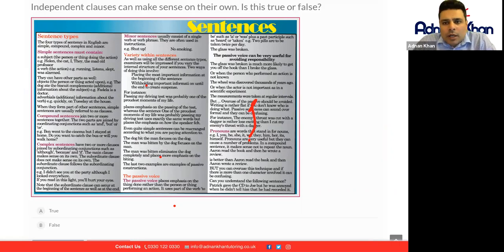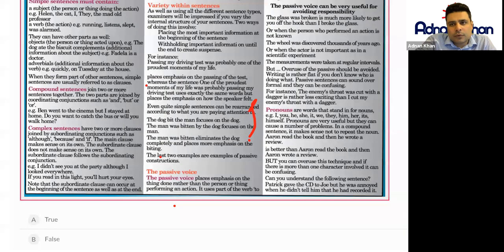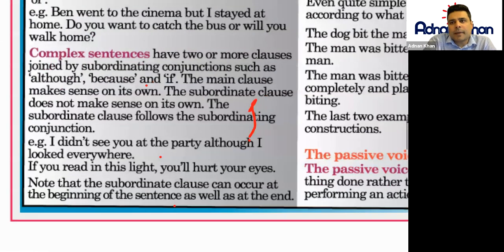For example, if you look here in the bottom left, you can see the main clause makes sense on its own, and the subordinate clause does not make sense on its own. So the subordinate clause follows the subordinate conjunction. So let me just give you in layman's terms what this means: if you have two or more clauses, that means you have two or more sections of a sentence, and in the middle you have a conjunction.